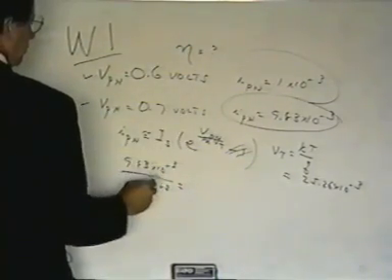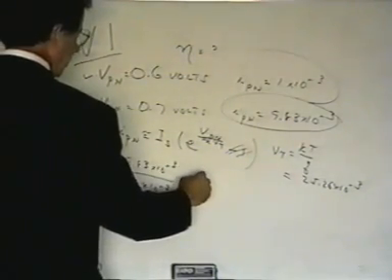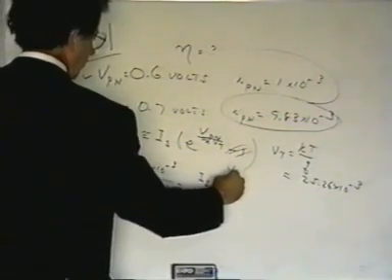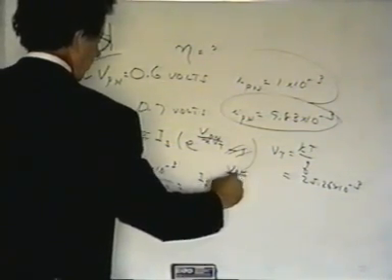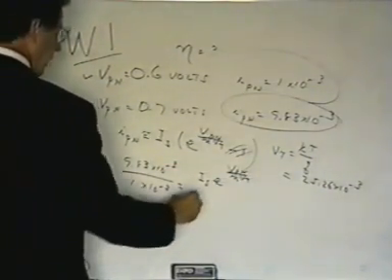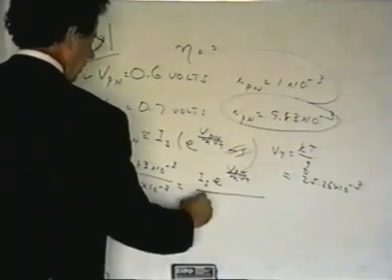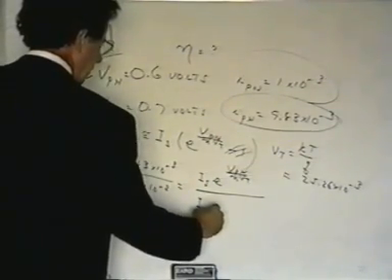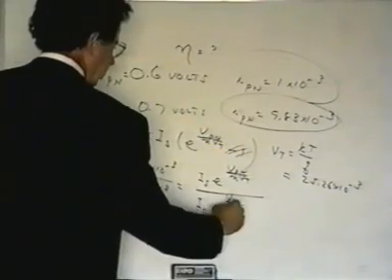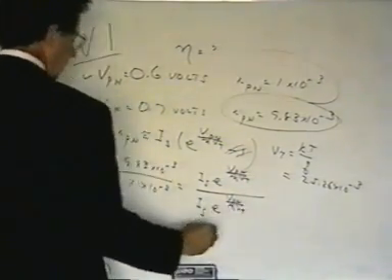Now the 9.83 came about from doing this: I sub s e to the VPN divided by eta times V sub t, divided by I sub s times e to the VPN divided by eta times V sub t.